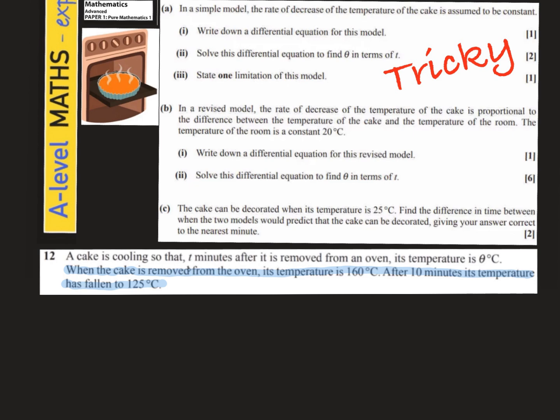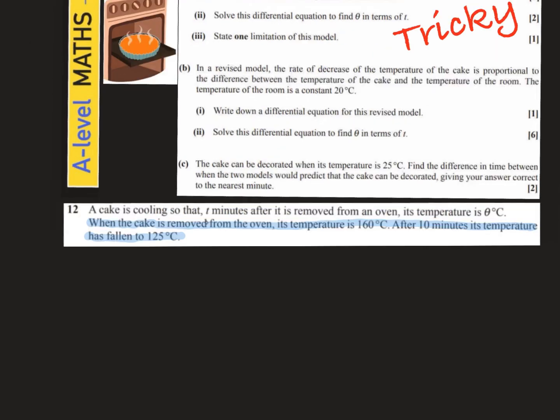We need to visualize this. One way to look at it is to draw yourself a horizontal line and say that at the beginning of time our temperature was 160 and it cooled down to 125 degrees Celsius. Now, let's have a look at it in terms of the time.